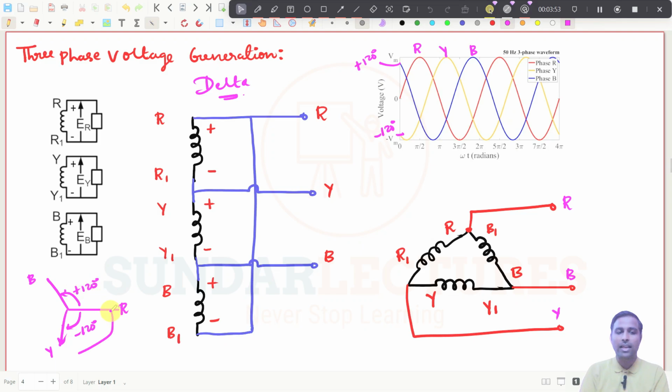And if you write like this, the angle between these two will be minus 240 degree. All these kind of things are same as a star connection. And we have two different connections, one is star and one is delta. Both have the same phase angles between the R phase, Y phase and B phase. This is how we will take it out as connections.